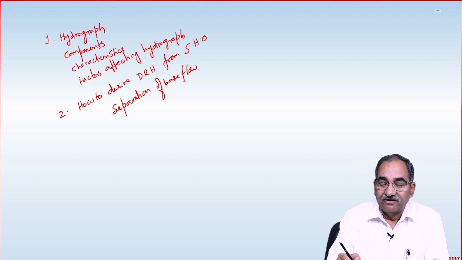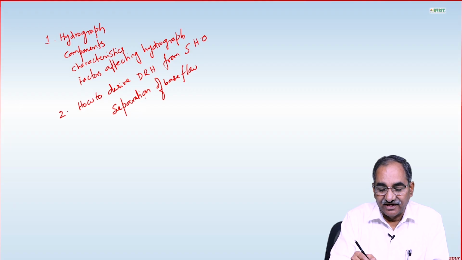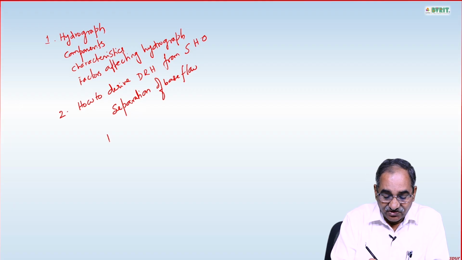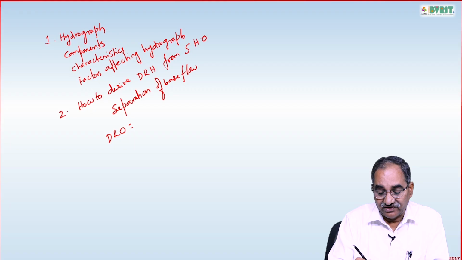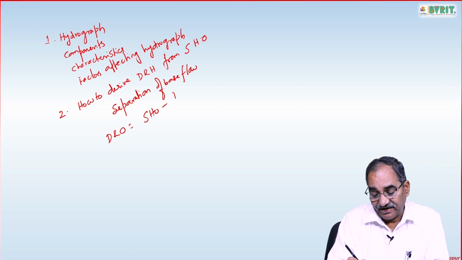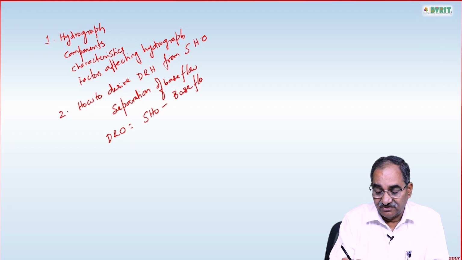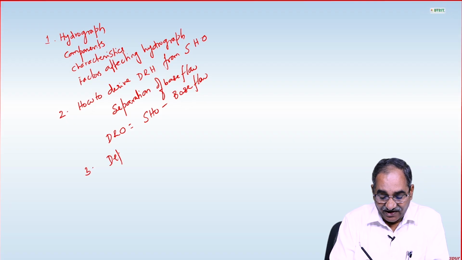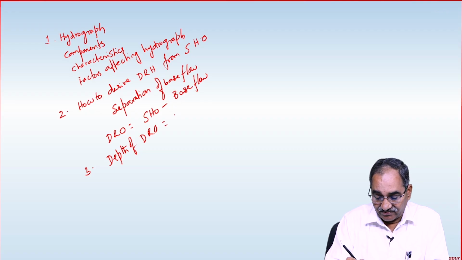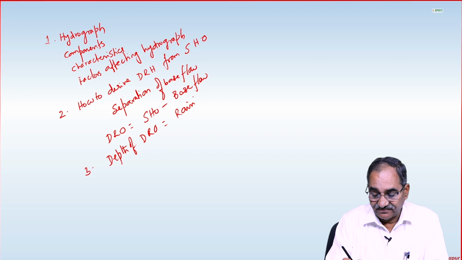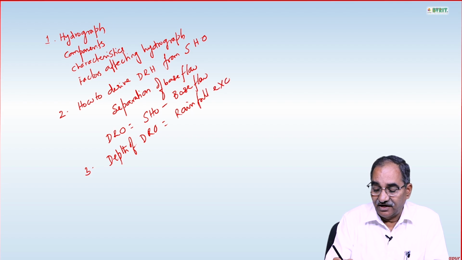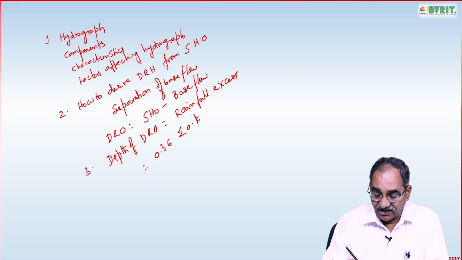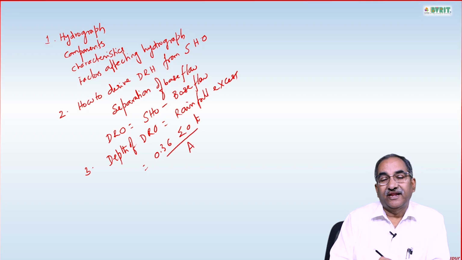By separating base flow from the storm hydrograph, we get direct runoff. So direct runoff ordinates are equal to storm hydrograph ordinates minus base flow. Then the next point we studied is the depth of direct runoff, or rainfall excess. It is equal to 0.36 times sigma O times T divided by A.